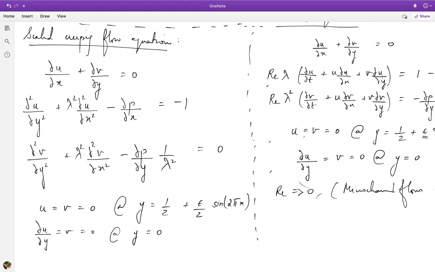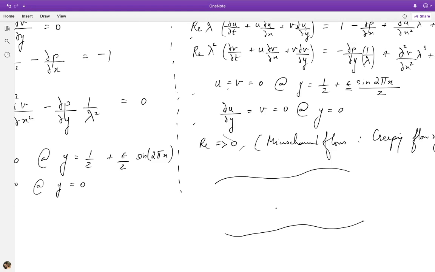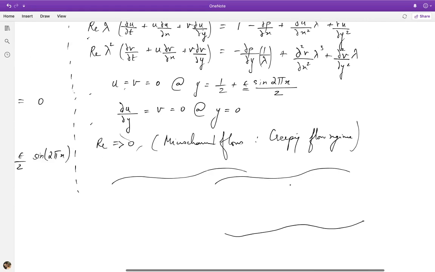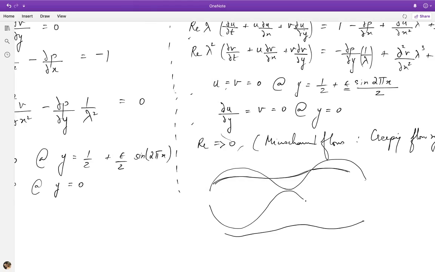But right now we have made no approximation on epsilon. It could be a situation where it's extremely wavy, right? So we could be looking at something that's just got slight waviness relative to the channel depth, where it almost is flat. Or you could be looking at a situation where it is extremely wavy, where the idea of it approaching flat plates is absurd.